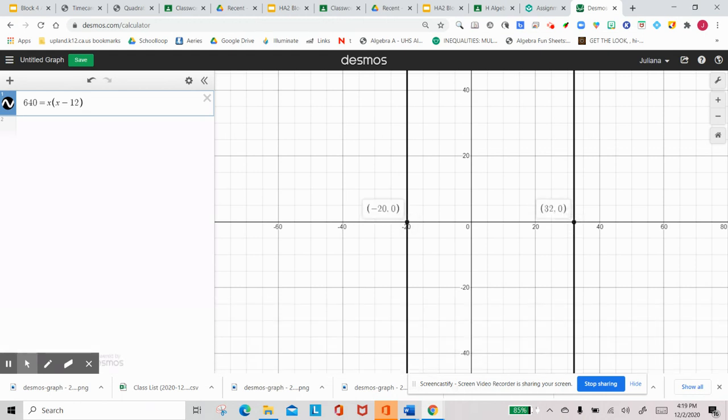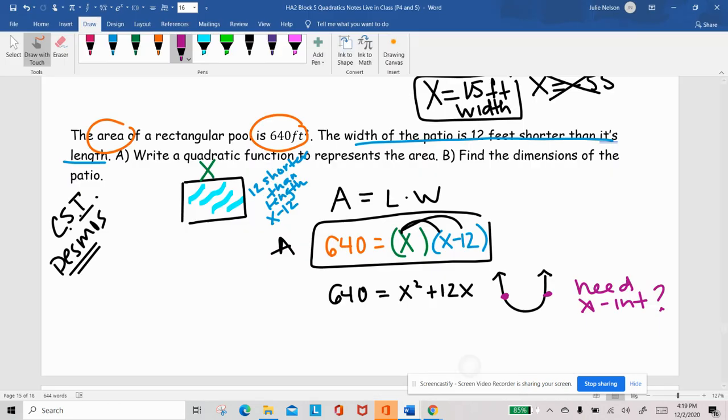I notice my x-intercepts are positive 32, 0, and negative 20, 0. So this right here is one x-intercept, and this is my other x-intercept. So that means x is negative 20, and x is 32.